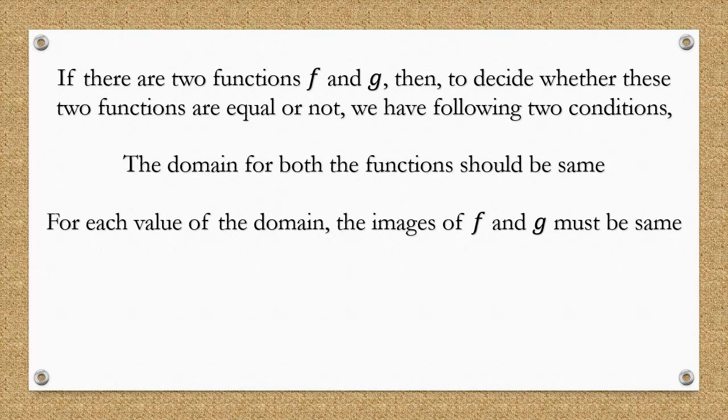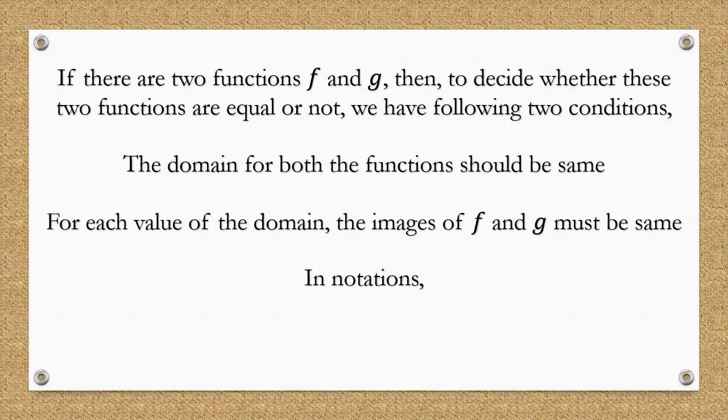So the first condition is that the domain should be same, and the second condition is that the images which we get by using the function should be same. If these conditions are satisfied, then we can say that functions f and g are equal.